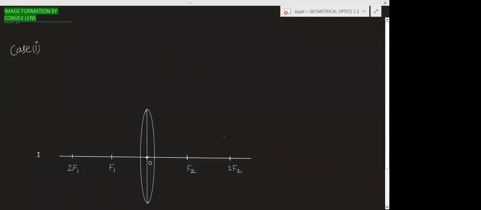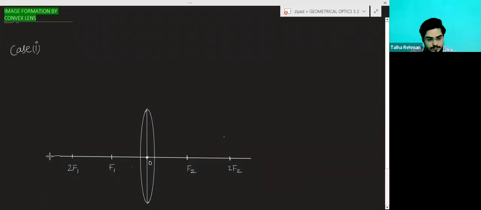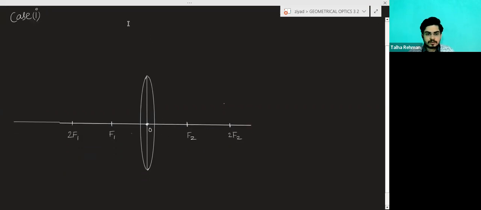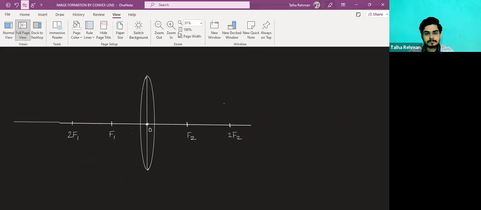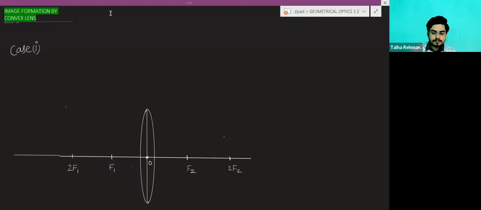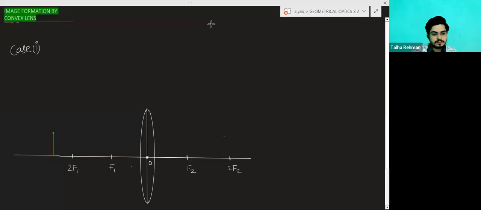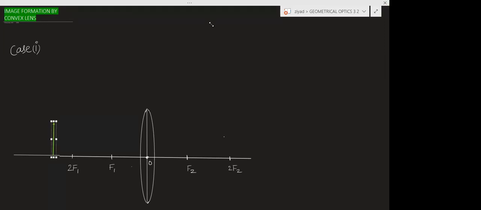Beyond 2f1 we will place the object and we will see where the image will form. So I am taking one object and placing it beyond 2f1. So the object is here beyond 2f1, like this. This is the object.